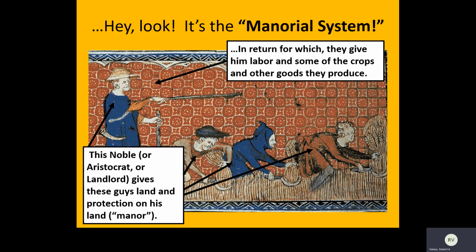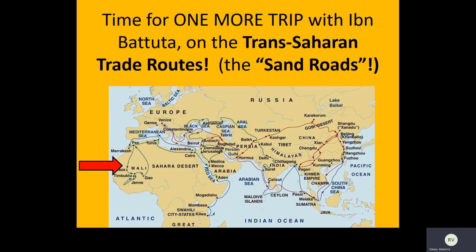That's the key unit, this rural manorial system, named after the manor, or the chunk of land owned by an aristocrat. So Europe, very much a feudal society, a farming-based society in this time.